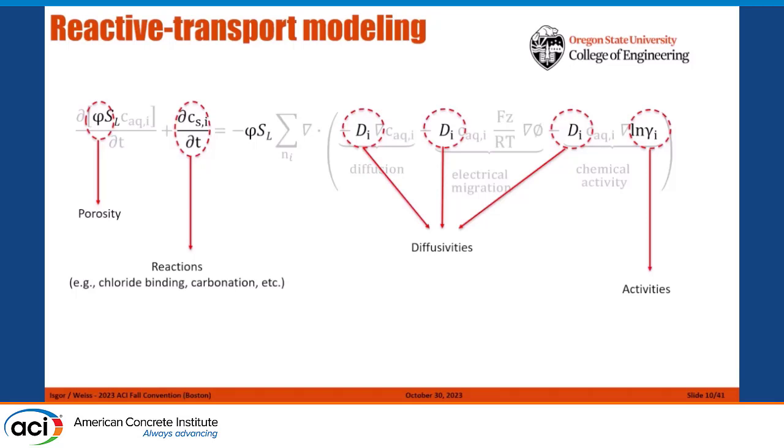So what we used to do before was we used to obtain all these input data like porosity or empirical models for reactions or diffusion coefficients. This is activity coefficients, activity of the ions, etc. All these things were experimentally obtained.